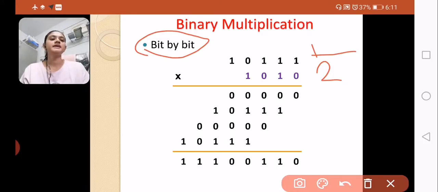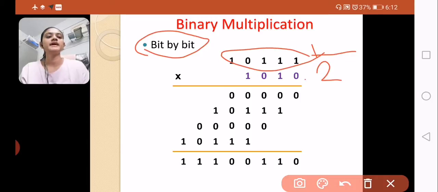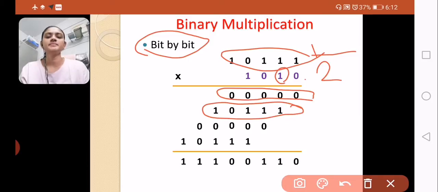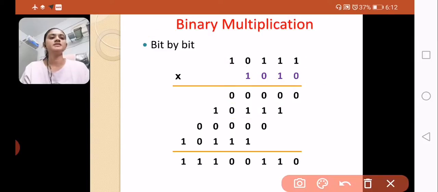Now remember that if the first number is multiplied with 0, then it will produce only zeros of the total bits it is given, and if it is multiplied with 1, it will give the number as it is. Okay, so let us start with multiplication with the first bit.